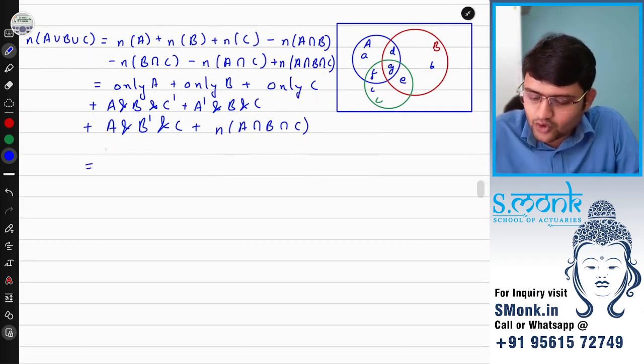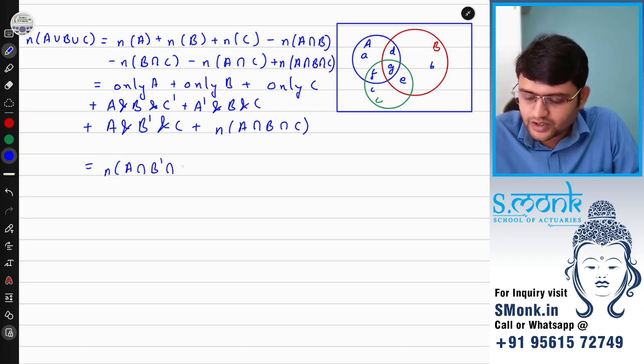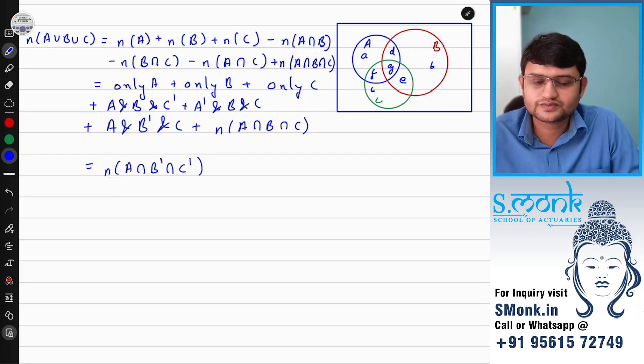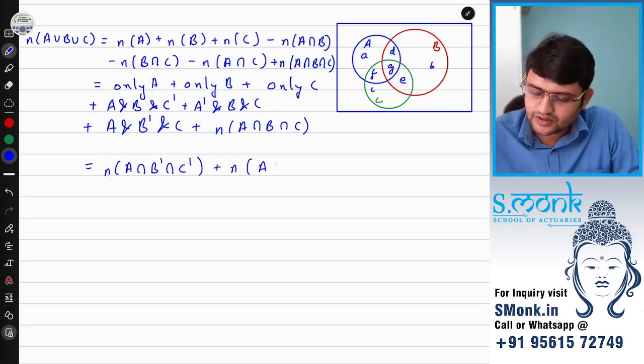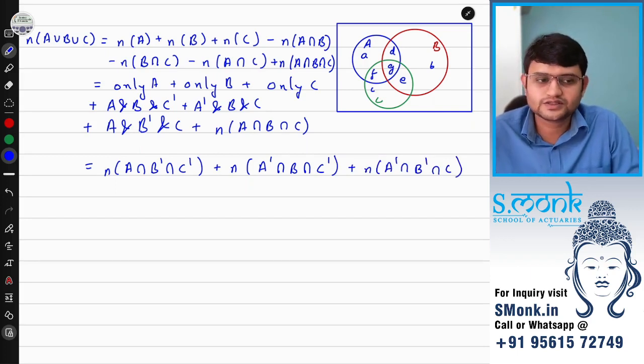So similarly, only A can be written as any element in A but not in B but not in C, plus only B can be written as not A but B but not C. Only C can be written as not A, not B, and C.